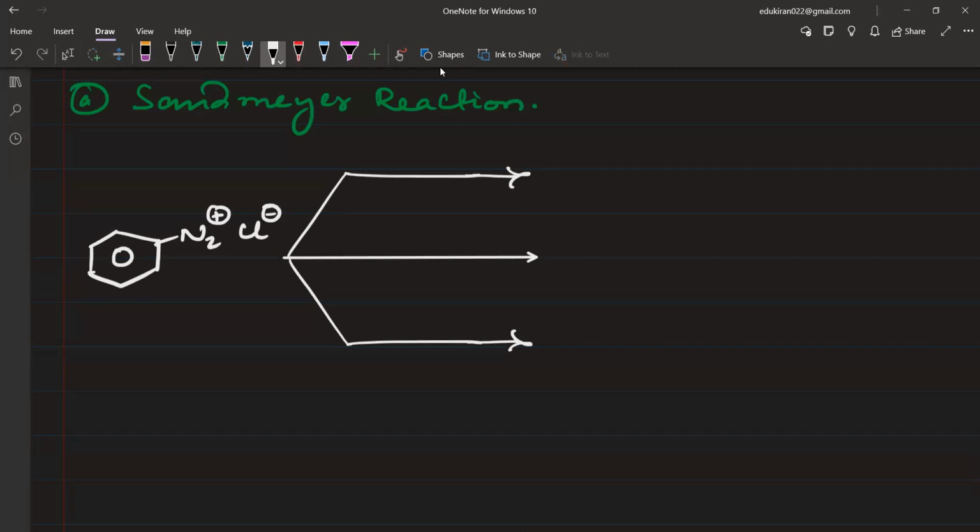Now, if you use Cu2Cl2 or CuCl, cuprous chloride, in the presence of HCl, you get chlorobenzene.